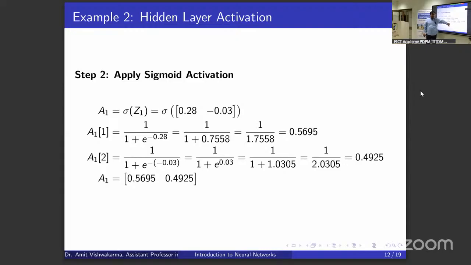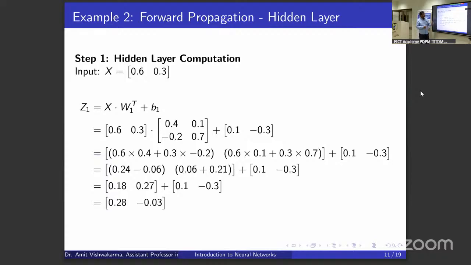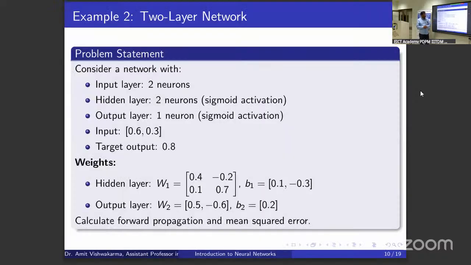So W transpose, I have to transpose whatever I have. Let's say 0.4 is W00.